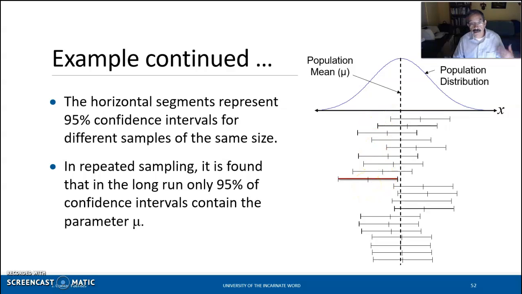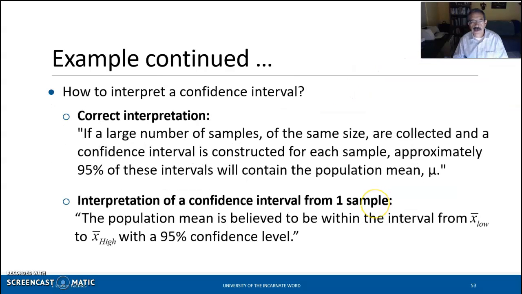And we know that in repeated sampling, in the long term, we're going to find that 95% of these 95% confidence intervals do contain the population mean, and 5% do not contain it. So this is important because then you say, well, if I calculate a confidence interval, how do I interpret that confidence interval?